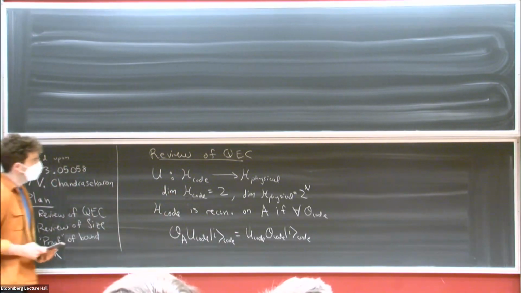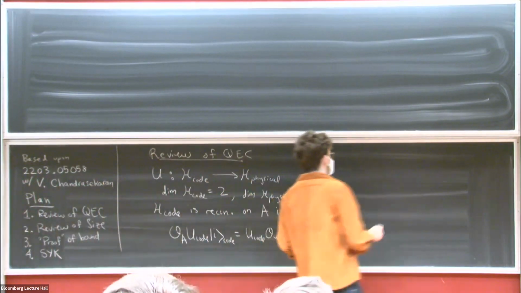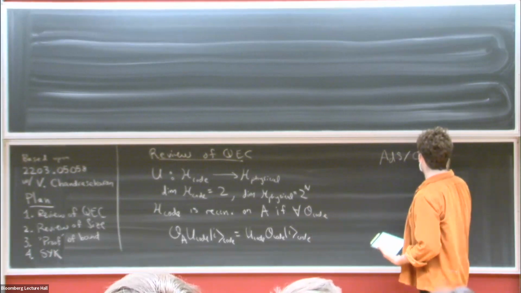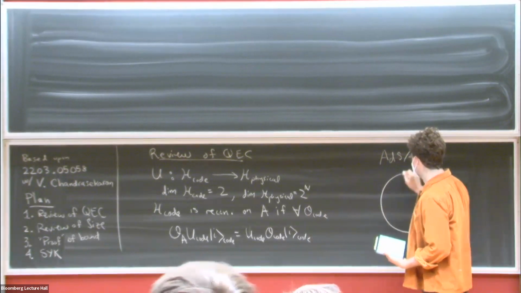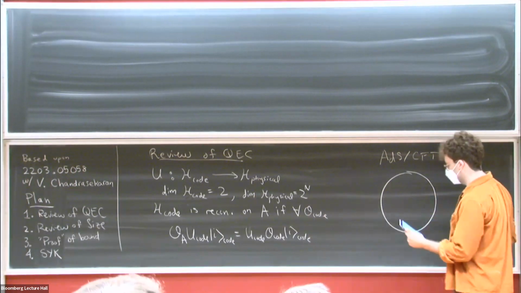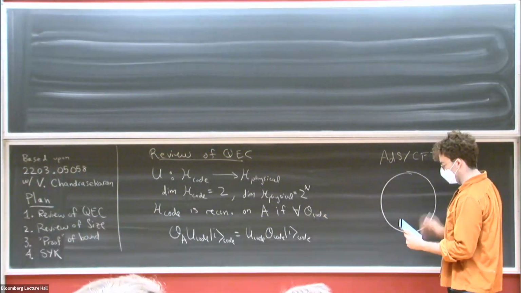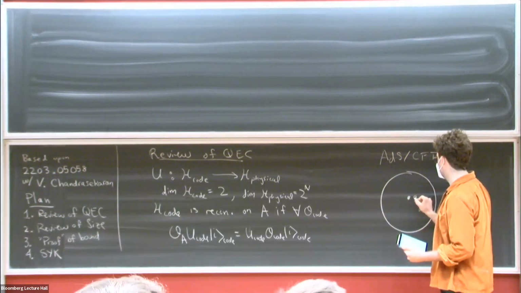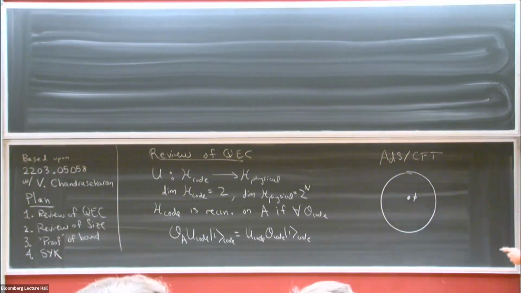So a big advance was that AdS/CFT naturally geometrizes this situation. Here I'm going to draw a time slice of AdS, say AdS3. You have some operator, let's say phi, which is supported somewhere in the bulk.